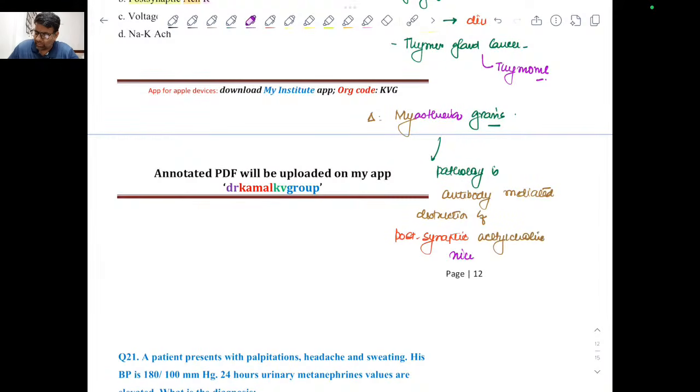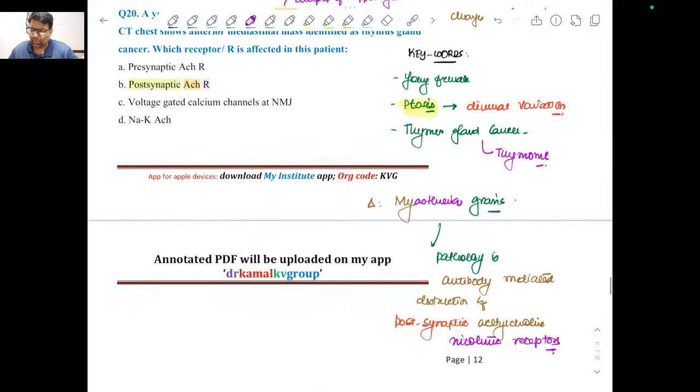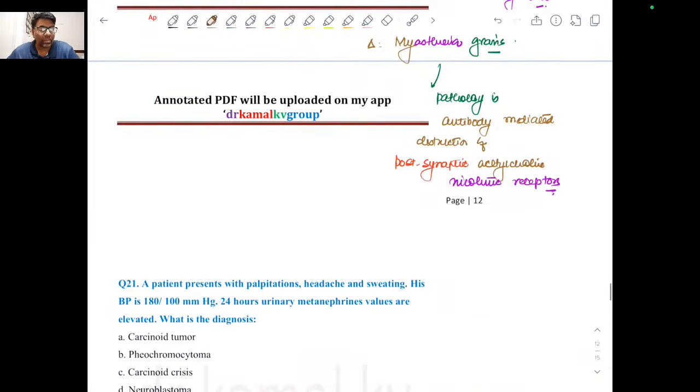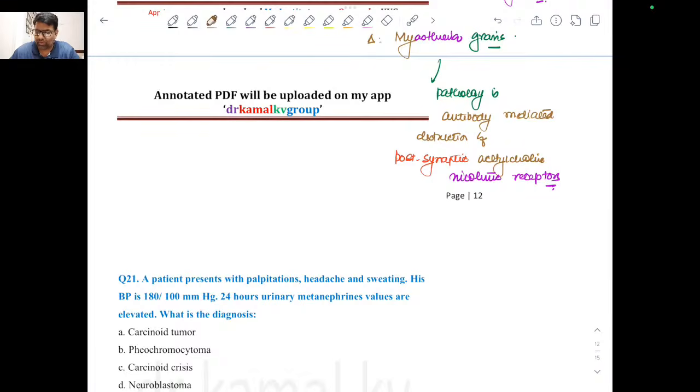Okay, that you should know. So that's very important. And here the only thing is it is more during evening or repetitive use. So that's for myasthenia gravis. Again, a very important topic from exam point of view.